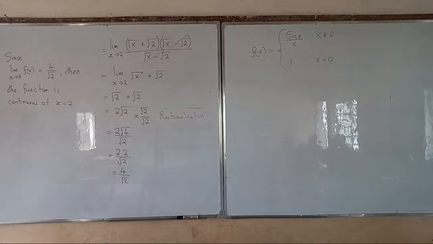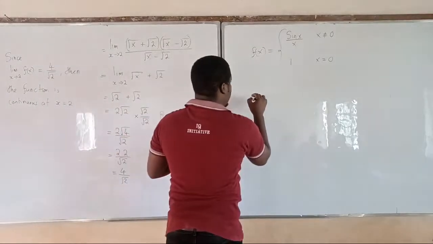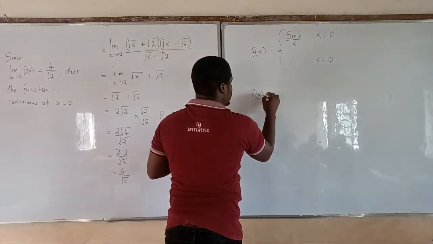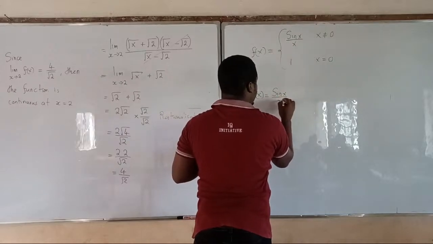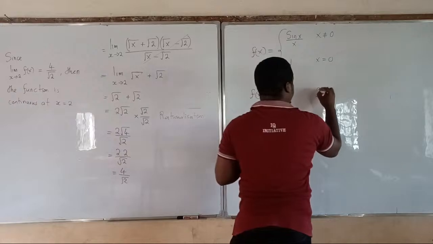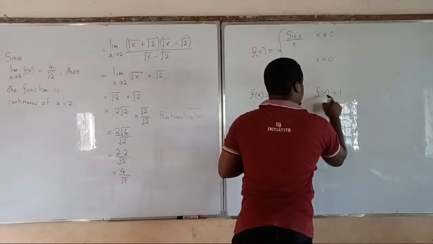It's just a similar question to the one that we've just been doing. So remember, f of x is equal to two things. F of x is equal to sin x over x, and the other one, f of x is equal to 1.